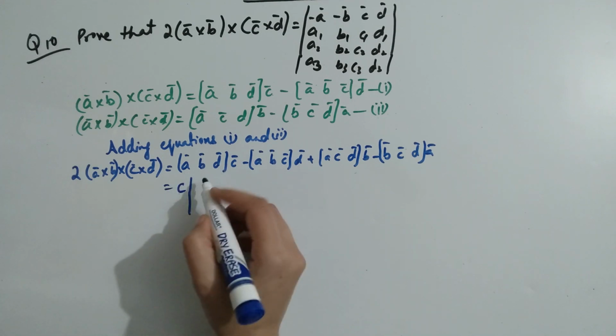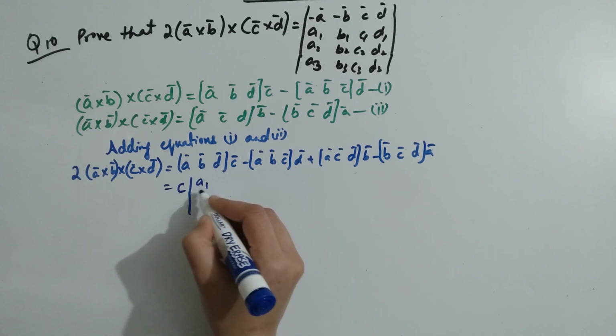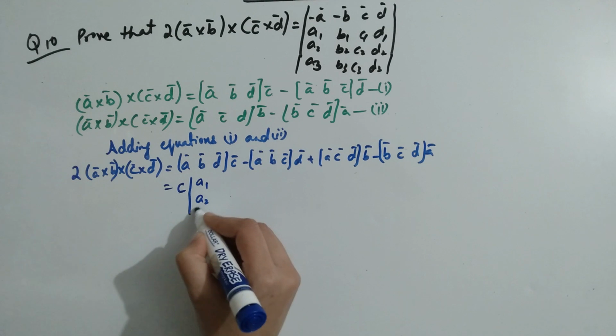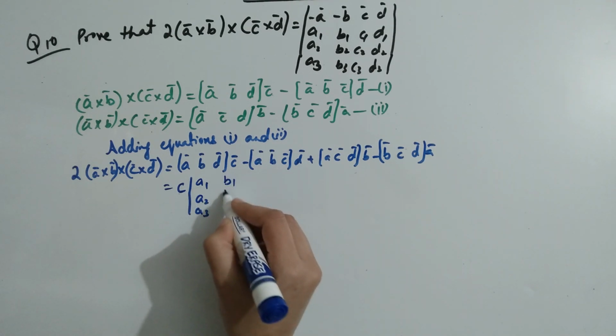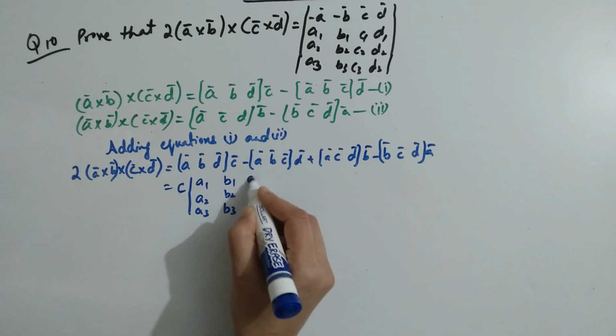Now A is a vector with 3 components a1 a2 a3. Similarly b1 b2 b3 and d1 d2 d3.